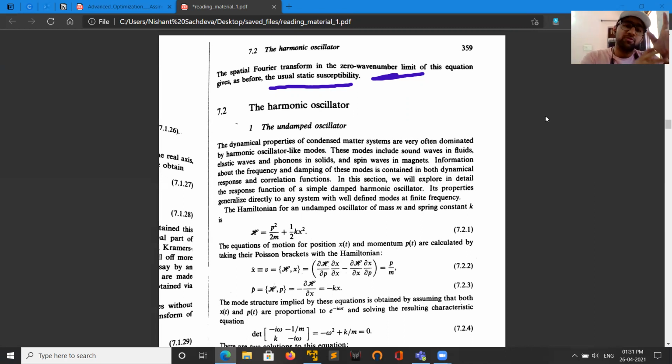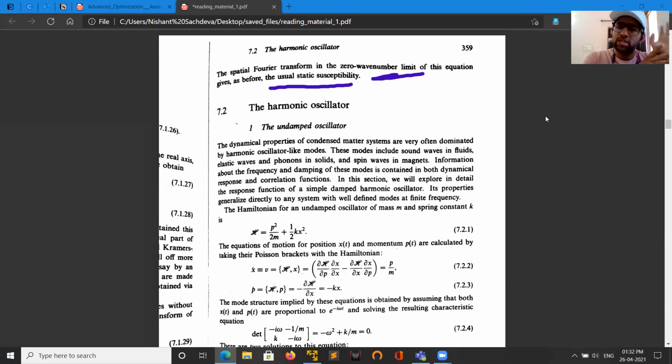The information about the frequency and damping of these modes, frequency being for the oscillation motion and damping being how it slows down, is contained in both dynamical response and correlation functions. So in this particular section, we shall explore in detail the response function of a simple damped harmonic oscillator.